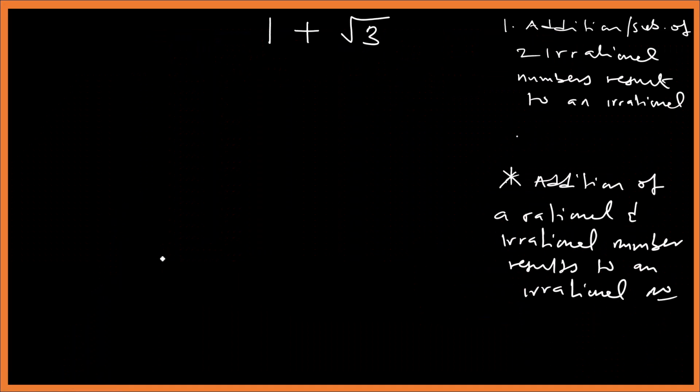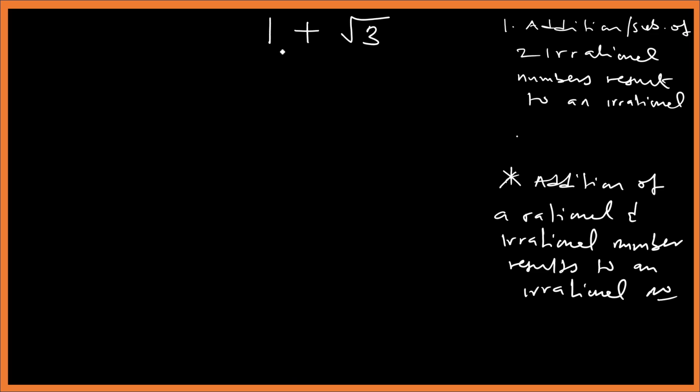Before that, let's understand that when we add or subtract two irrational numbers, the result will be an irrational. And when you add a rational and an irrational number, the result will be an irrational.